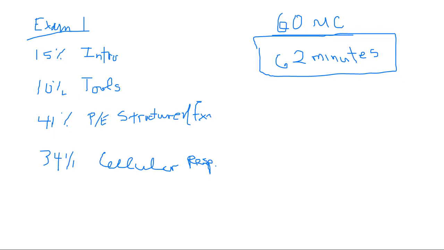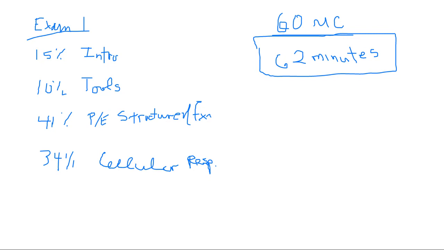Okay, hey, listen. If you had to spend time studying for the exam, where are you going to spend your time? If you're looking at the percentages of the questions, prokaryotic and eukaryotic, that's where you spend your time.